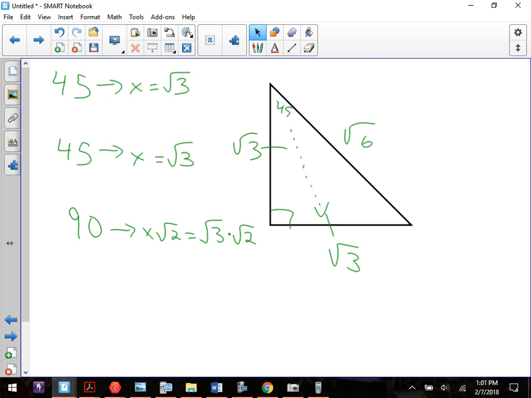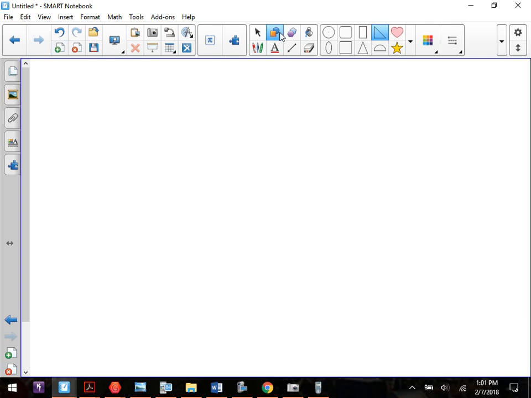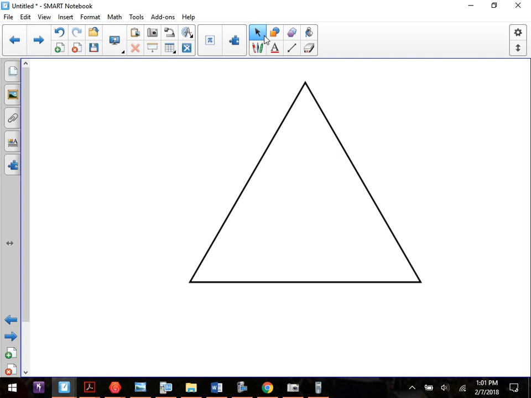All right, let's look at the other one. The other special right triangle comes from an equilateral triangle. So this is another special? Yes, sir. There's only 2 of them. So when you have an equilateral triangle, you therefore know that all the sides are the same.